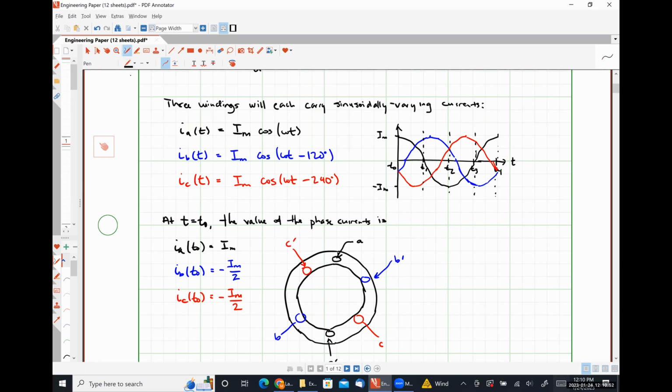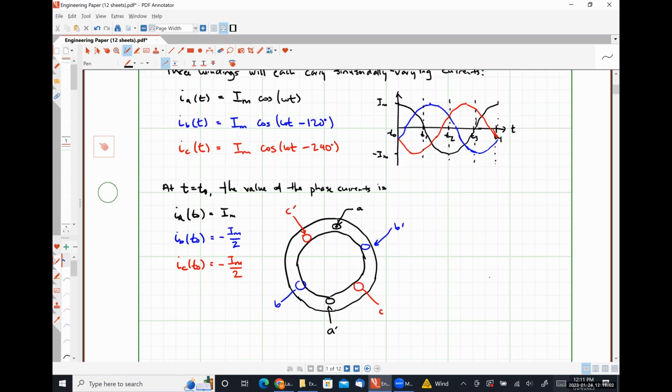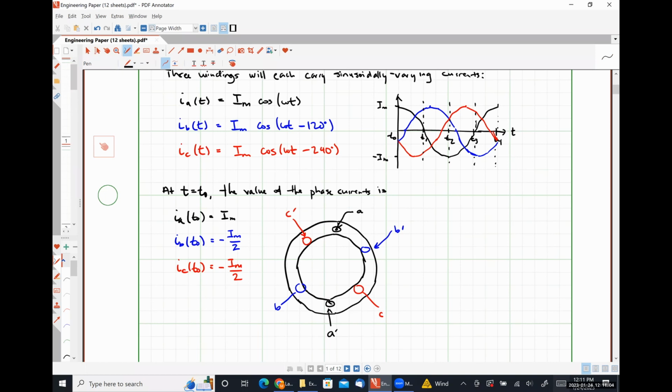Let's say, for the sake of argument, that positive current is going to be directed out of the board. So our A phase current has a value of IM, so it's going to be out. And then our A prime wire is going to be directed into the board, like so, with the same magnitude IM.